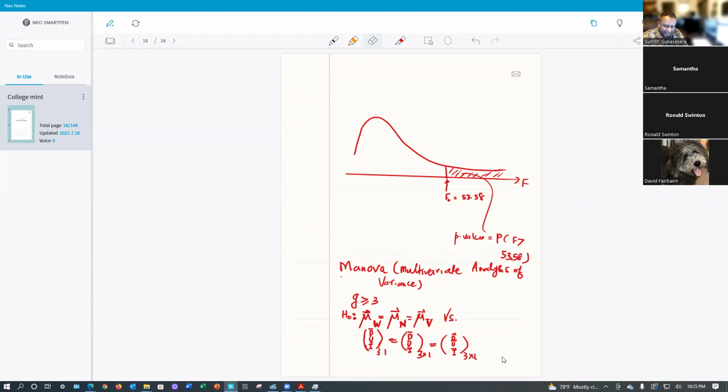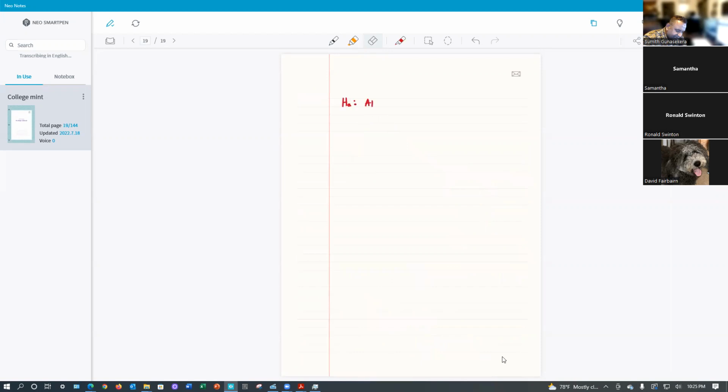See whether they are equal to each other. That's what you are trying to test, versus its counterpart, which should be what? At least two of them are different.